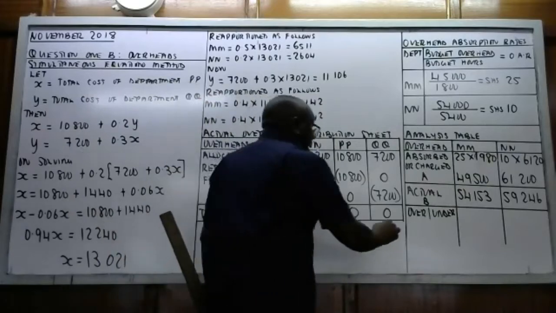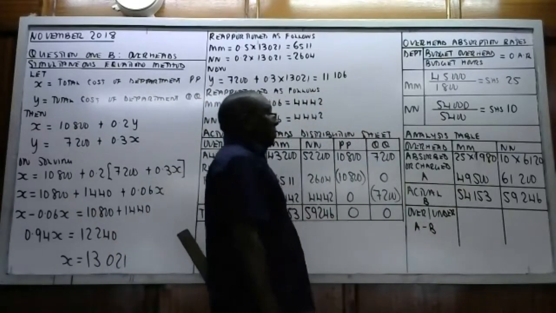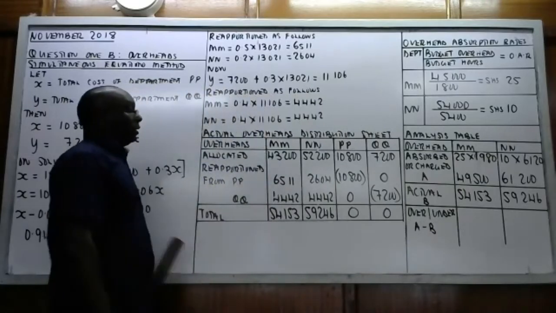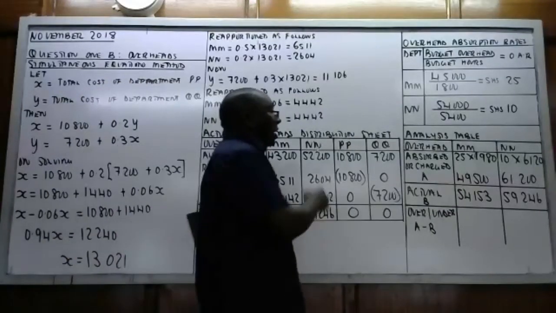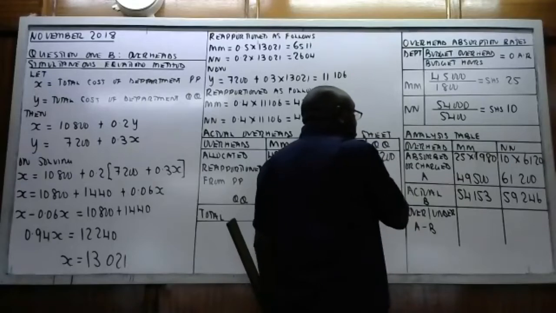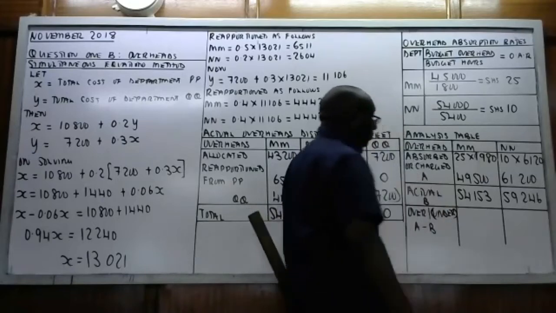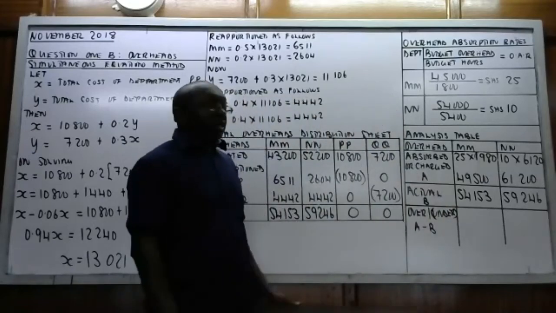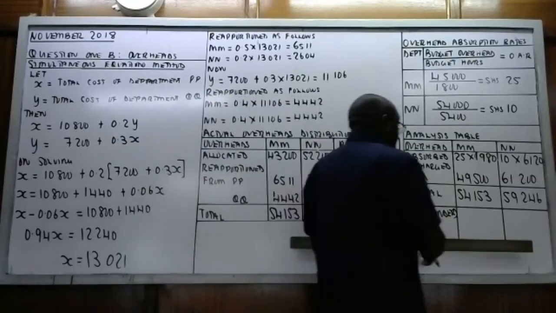And that will be A minus B. Not all the times, but according to my formula, the under will be in brackets, or will be the negative.